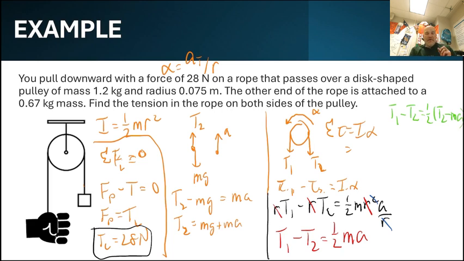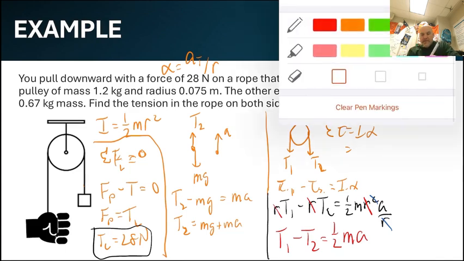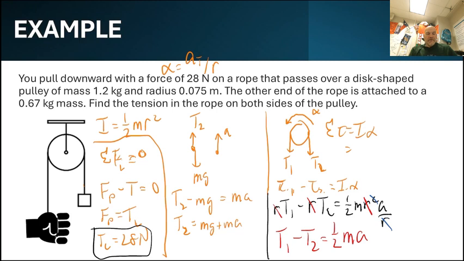Okay, but note that M is the block, not the pulley, in fact, we can't make that substitution because it's the block. So if I want to solve this for A, I would get 2 times T1 minus T2 over the mass of the pulley.